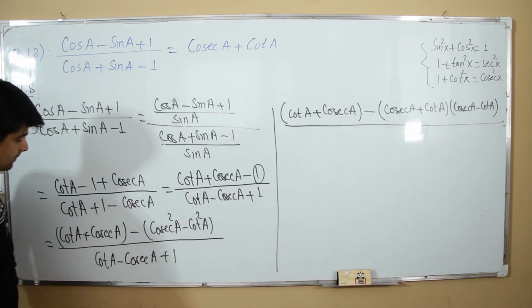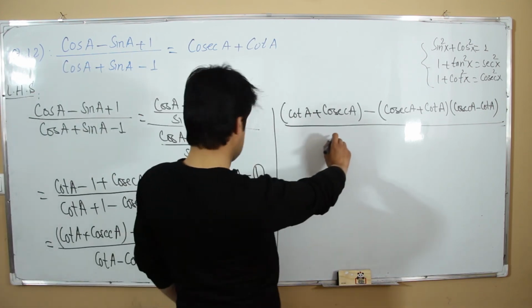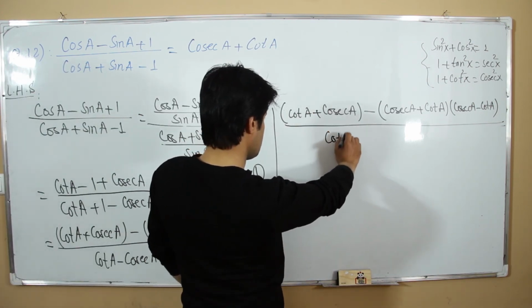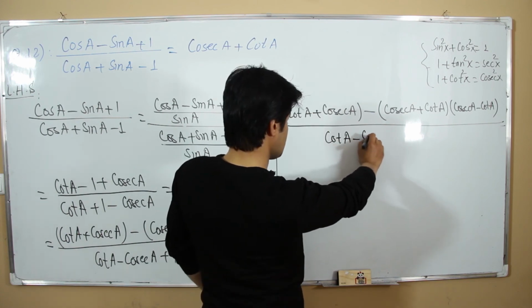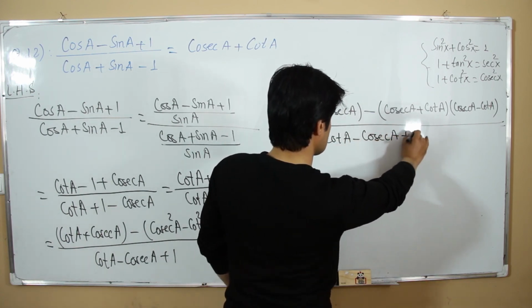Am I right? Yes. Now in denominator you have cotangent a minus cosecant a plus 1.